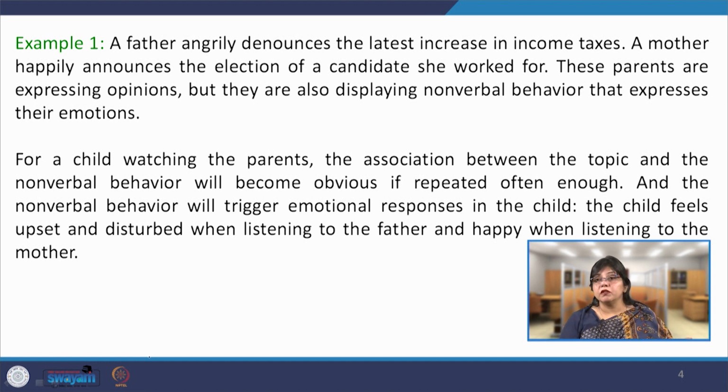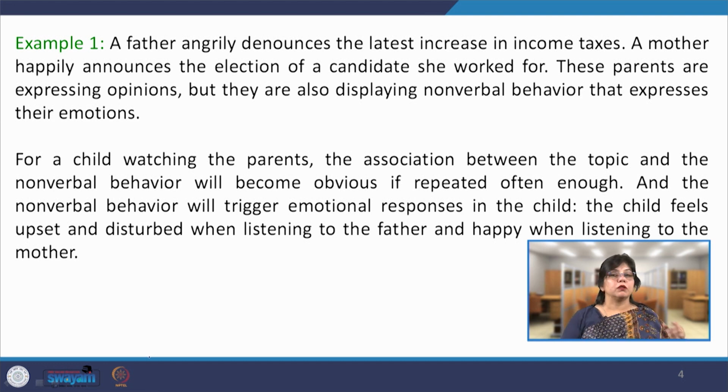Based on these non-verbal emotions, the child also creates a pairing between taxes, the non-verbal behavior, and then how the child will respond accordingly. So, based on the association that the father is angry on the increment of the taxes and the non-verbal behavior, the child also pairs his response with that of the same situation, and the child also learns to respond in a similar fashion.